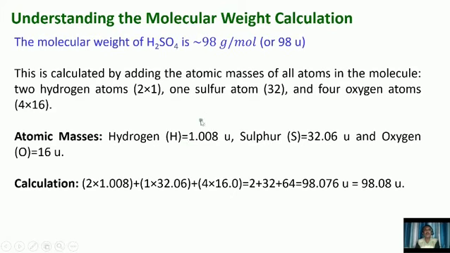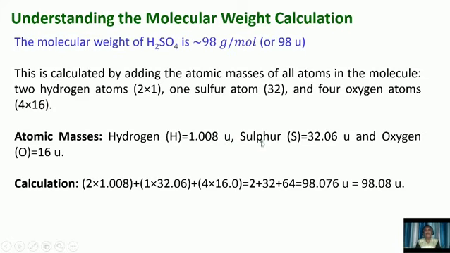I have rounded it off to 1.008 U, that is atomic mass unit. Why have I taken this? If you take these correct figures, then we can calculate the exact molecular weight of H2SO4.